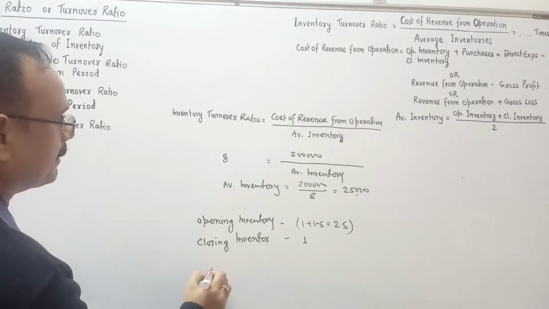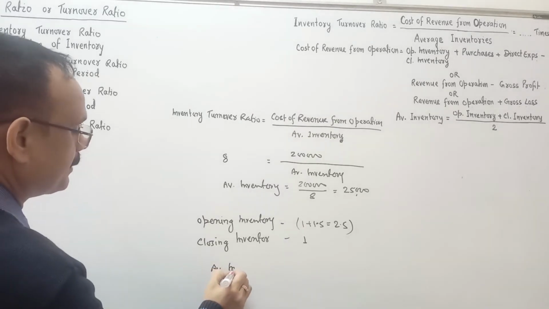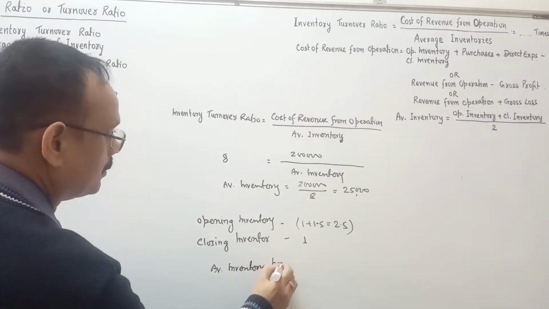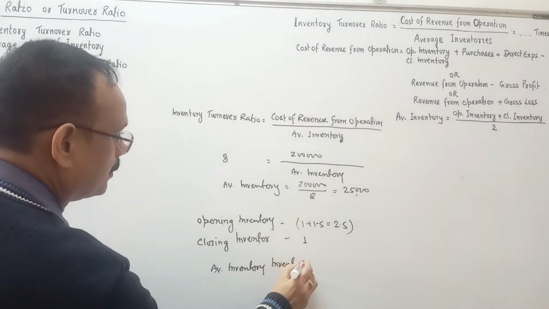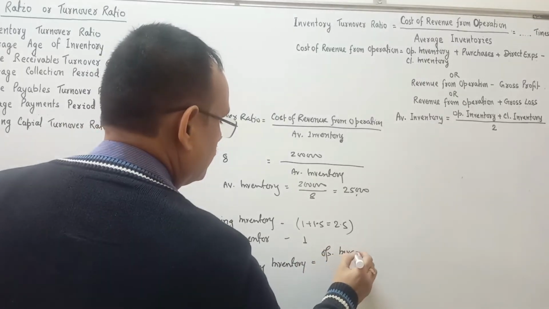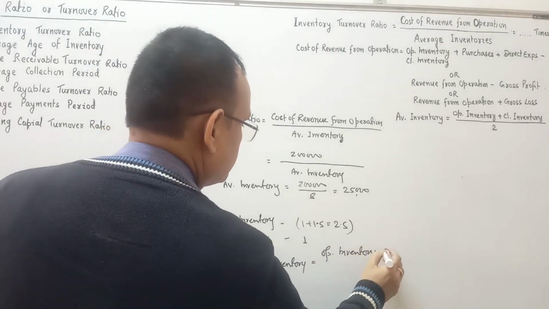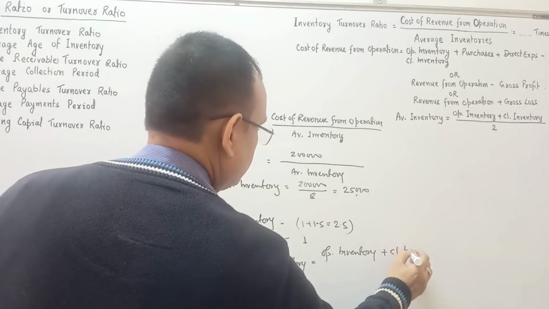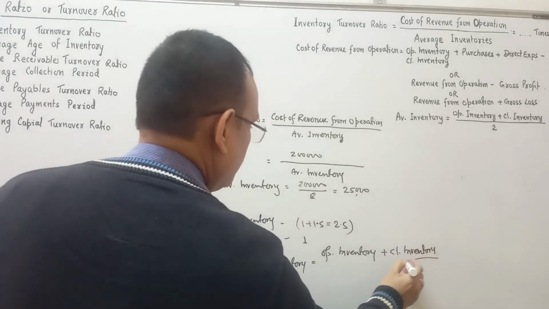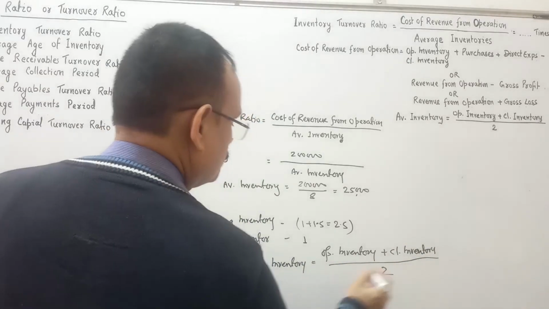Average inventory is equal to opening inventory plus closing inventory upon 2.